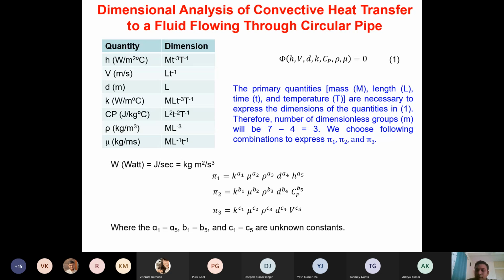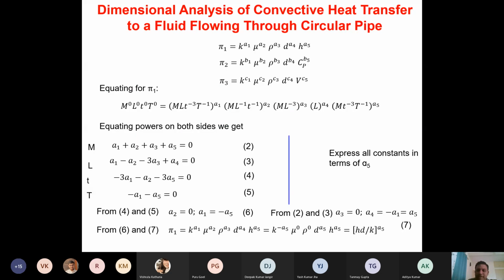So this is the procedure. This we have already seen. For the first case, if we put all the dimensions and find out their exponents, pi 1 comes out to be hd by k. So hd by k is nothing but the Nusselt number.